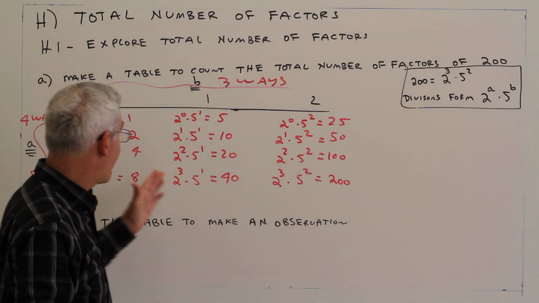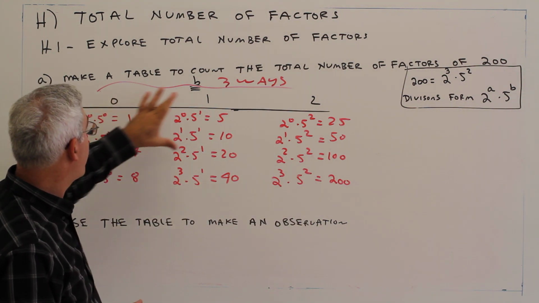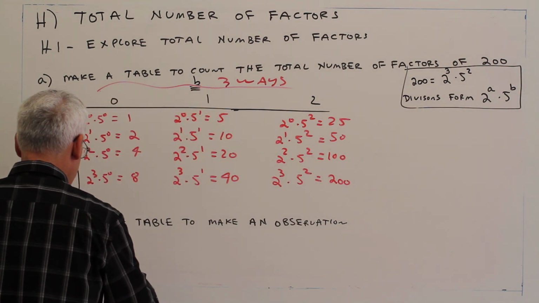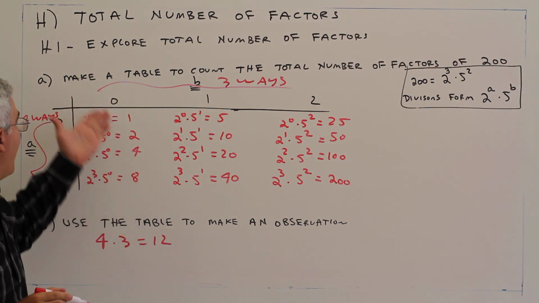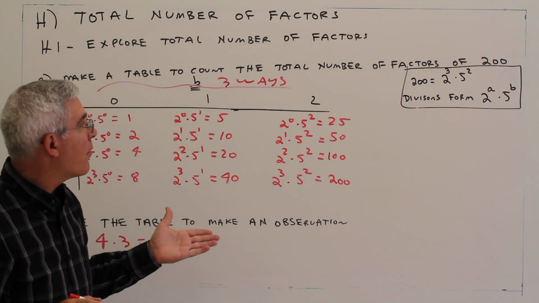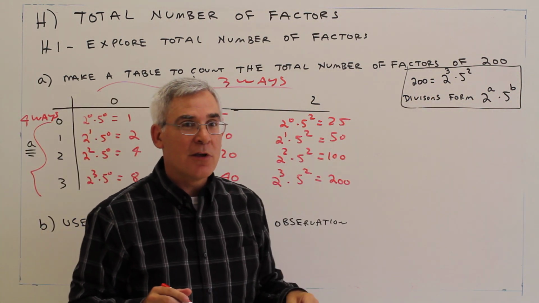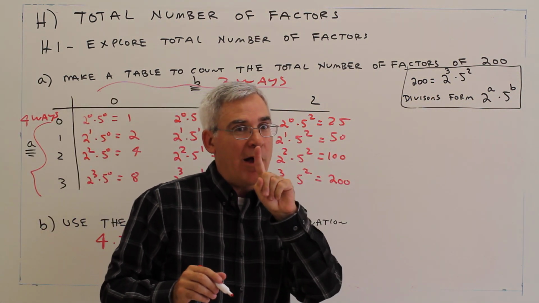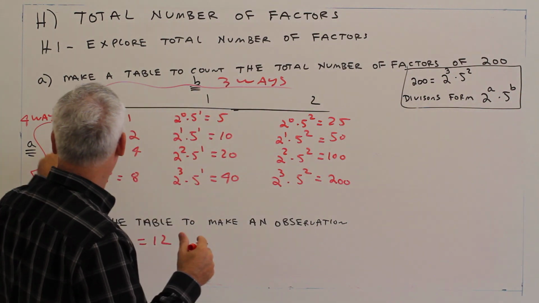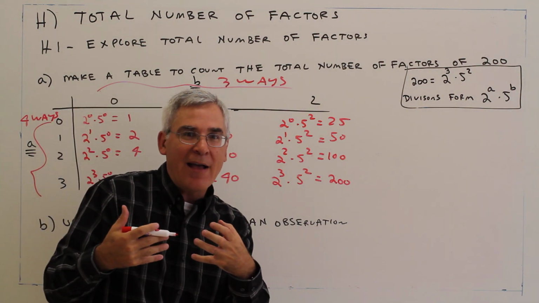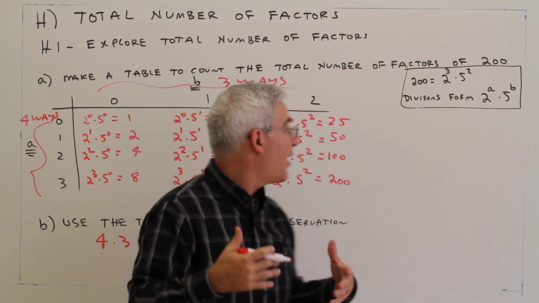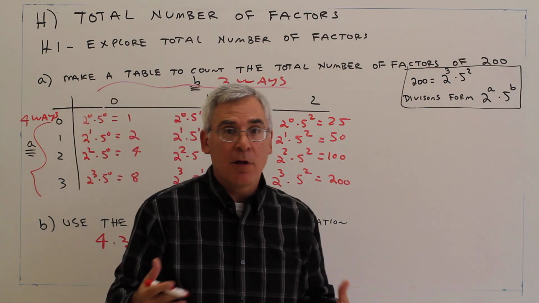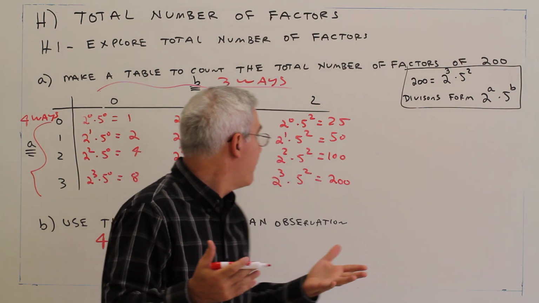So that makes a total of 12 ways. 4 times 3 equals 12. If I got 2 cubed, all I really have to do is add 1 to that exponent. Again, I got to add 1 because I've got to include the possibility of 0. If I got a 2 there, add 1 to that exponent. Again, the possibility of 0. And that's how you solve the problem.